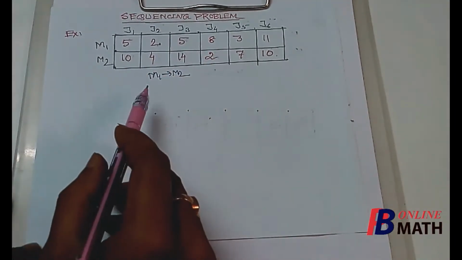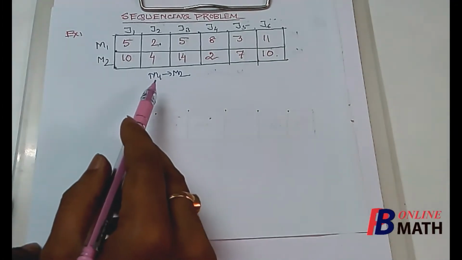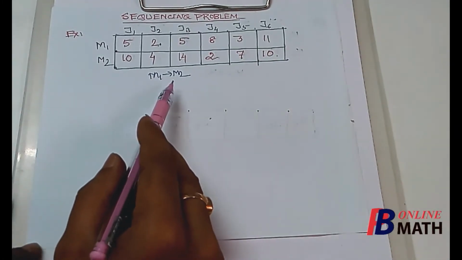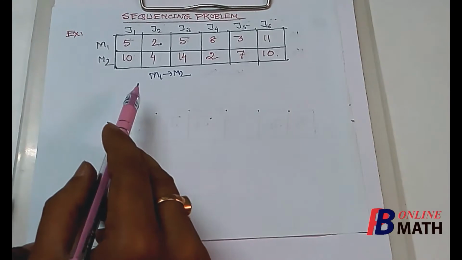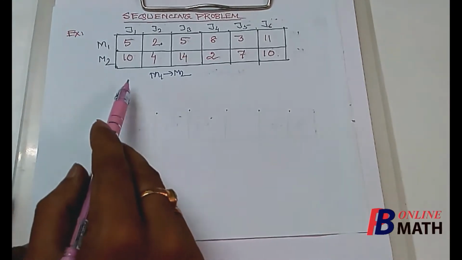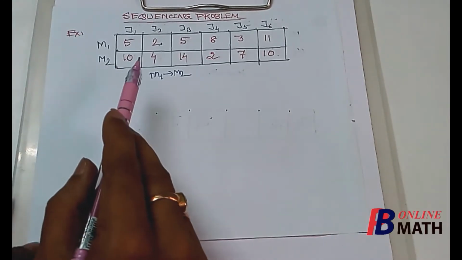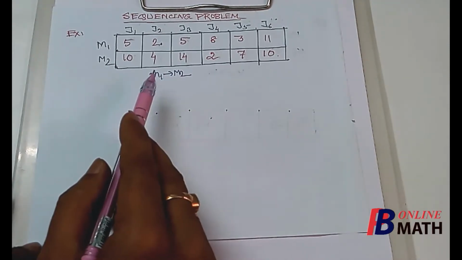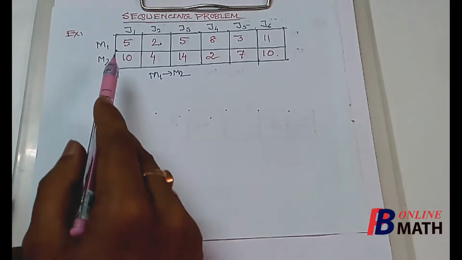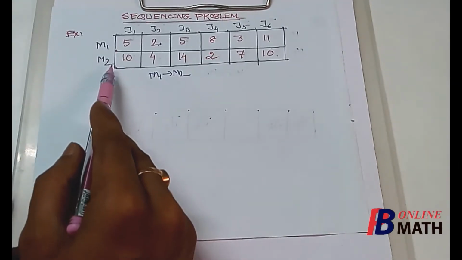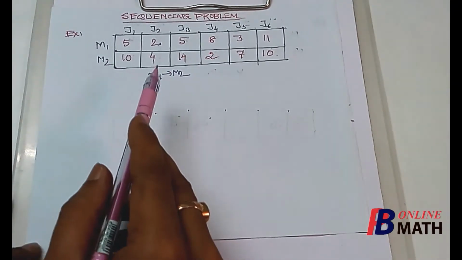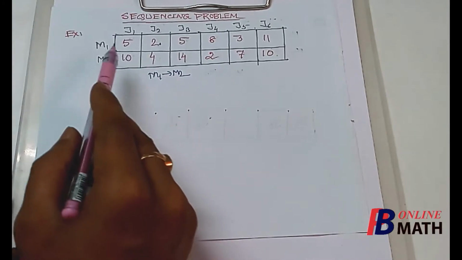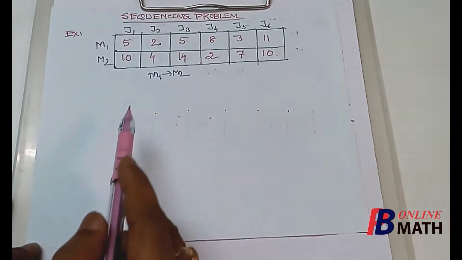That means every job needs to be processed on machine M1 first and then on machine M2. Now if it is given that the machine order is M2 to M1, then every job needs to be processed on machine M2 first and then M1. In that case, we have to interchange the two rows of this table. But since the machine order is M1 to M2, we keep the table unchanged.